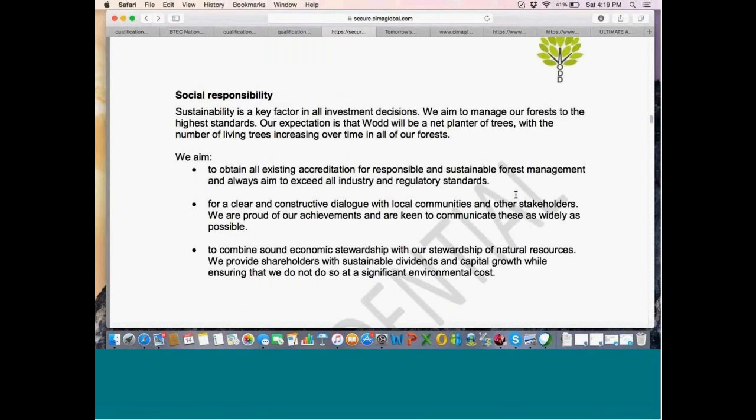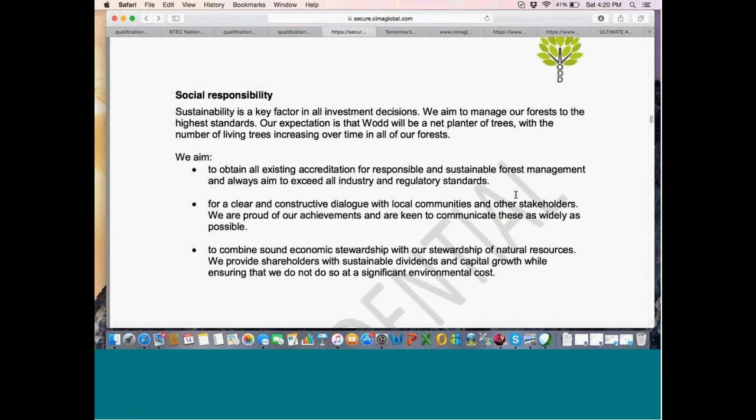And if you see, our expectation is that Wood will be a net planter of trees, with the number of living trees increasing over time in all of our forests. And if you are an investor, you can see in their financial statements how they have captured these investments, right? So the reporting of it again becomes quite important. If you go into the financial statements, which I will do in a little while, okay?